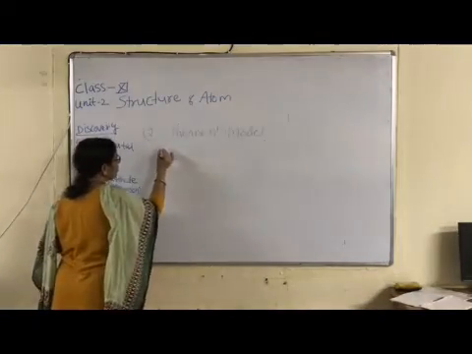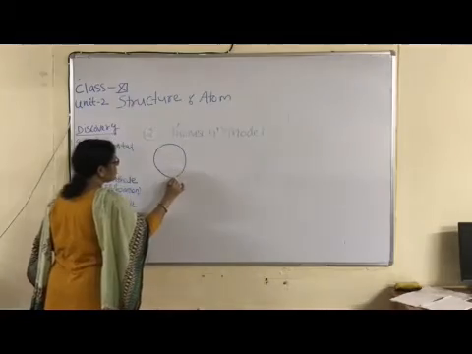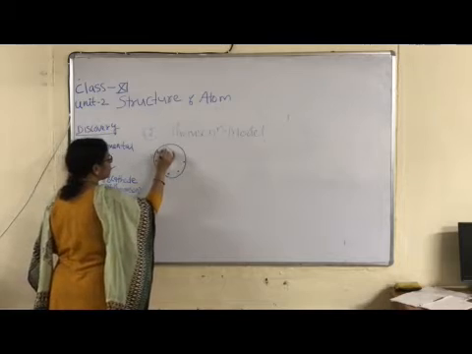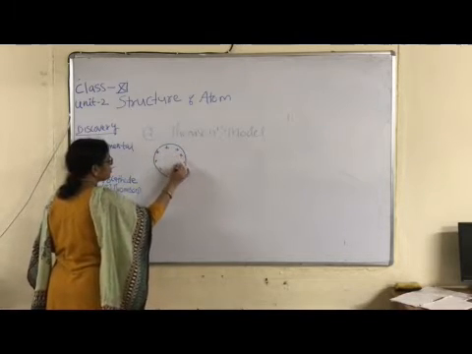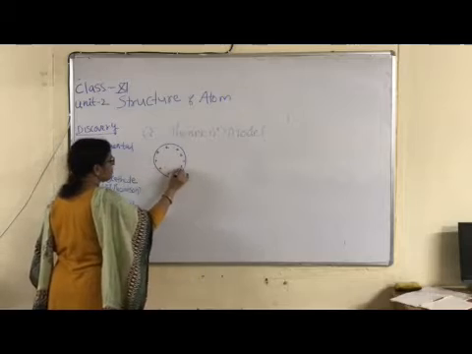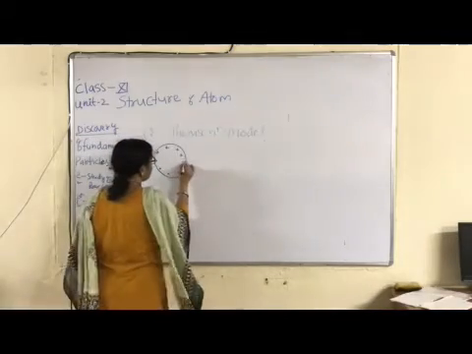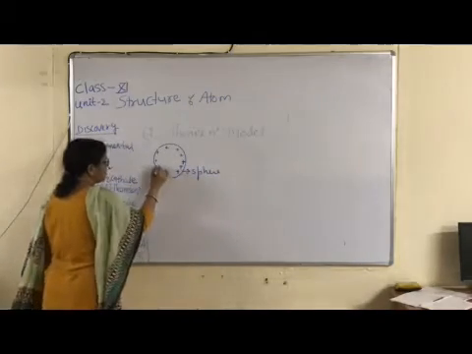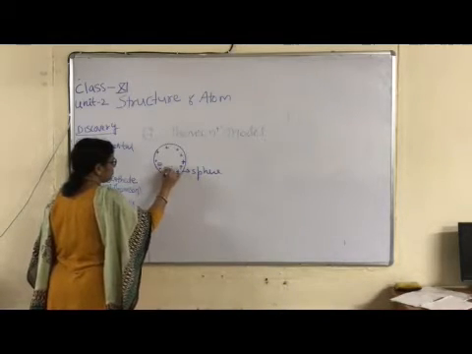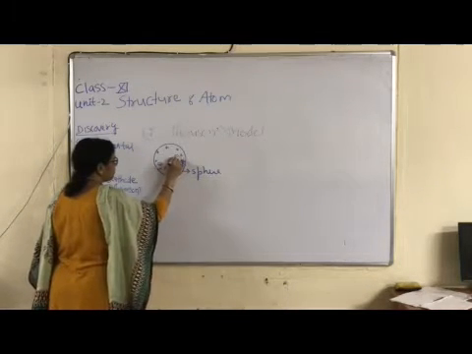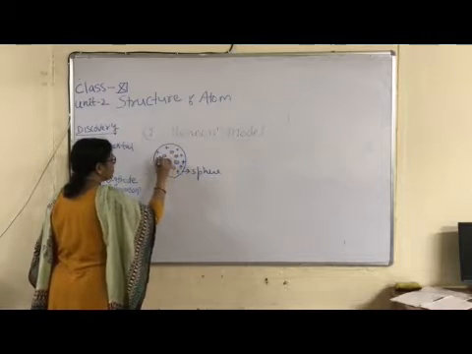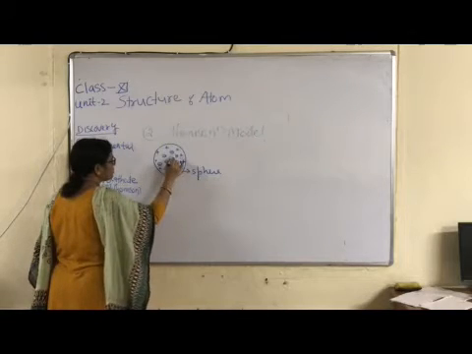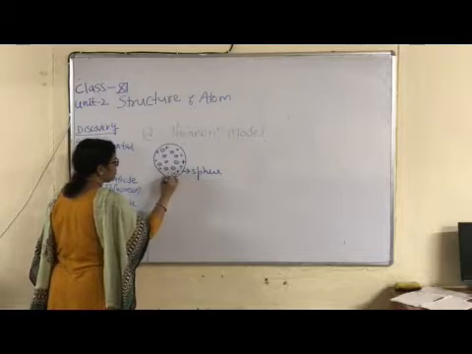He assumed that the whole sphere is positively charged, and negatively charged particles, meaning electrons, are embedded in it, like this. 7, 8, 9, 10, the same number of electrons, right?